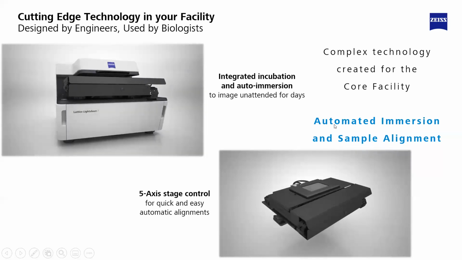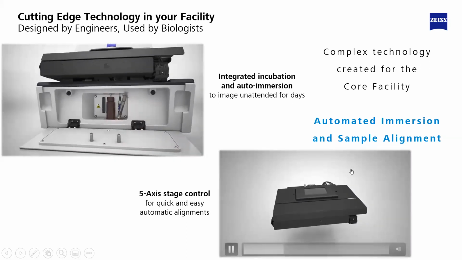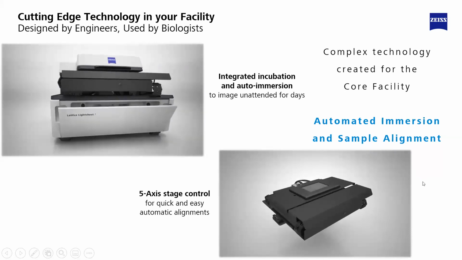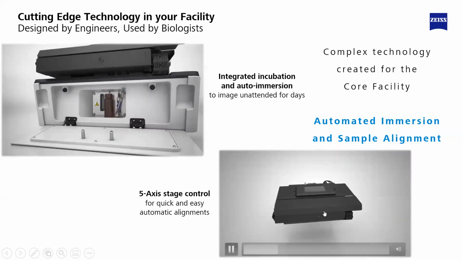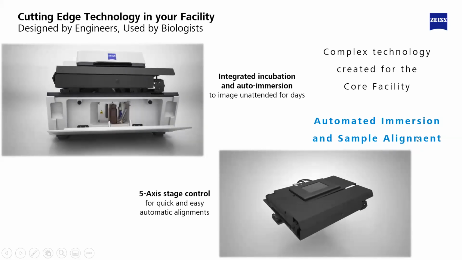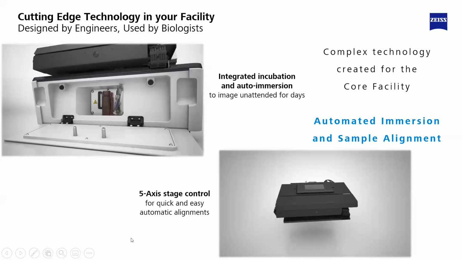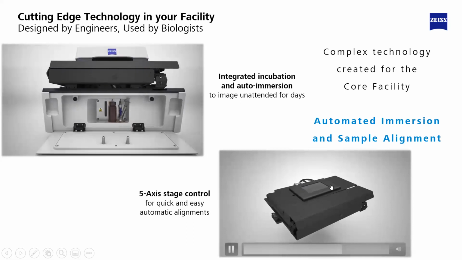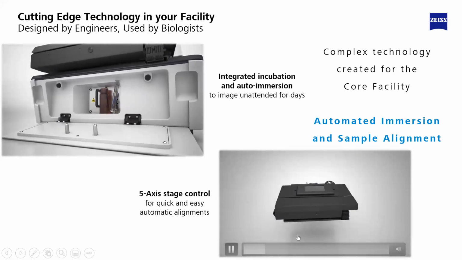The stability in incubation is really complemented by the 5-axis stage control that you see in this movie down here. 5-axis meaning it's adjustable in X, Y, Z, and tilt, both in X and Y. This stage is what really simplifies the alignment of the system and makes it a much easier and really approachable solution for lattice light sheet microscopy. This is what enables us to really have it be such a time saver and be such a robust and friendly system for users to put their samples on.